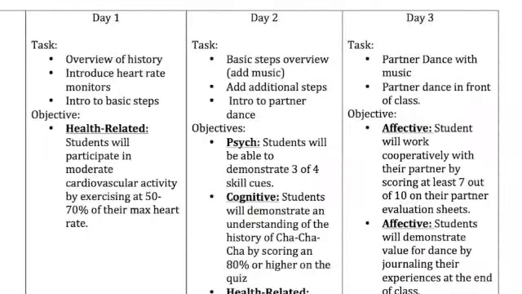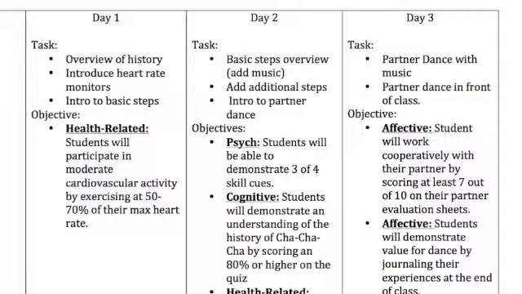Because this is an exploratory dance unit, our 15-day block plan is broken into 3-day blocks per dance for a total of 5 dances. Each dance subunit will mirror the same format. On day 1 of each dance subunit, there will be an overview of the history of the dance and an intro to the basic steps.